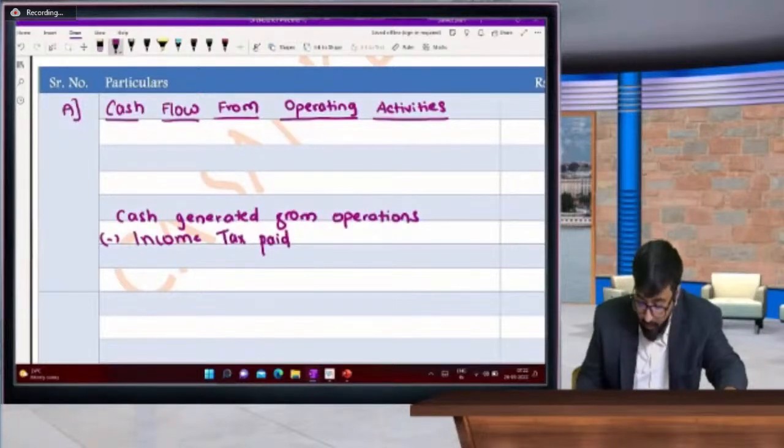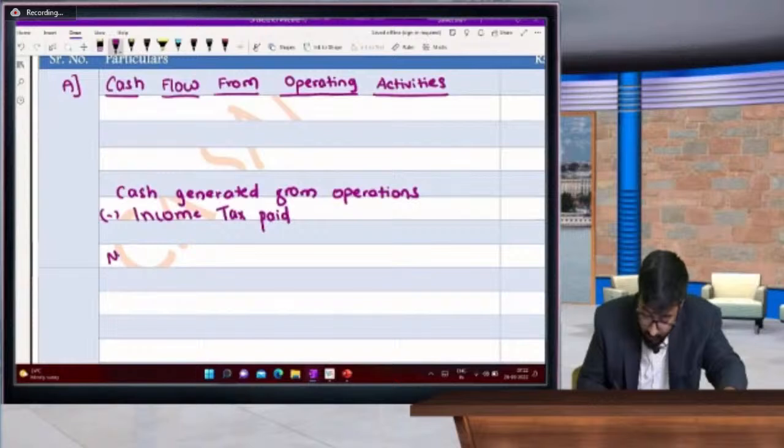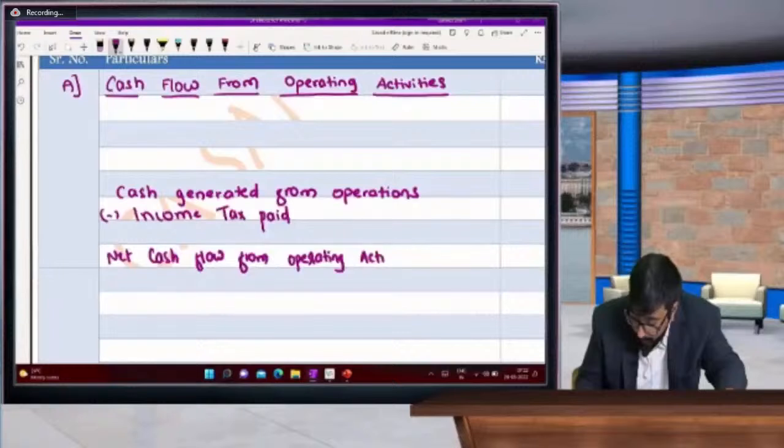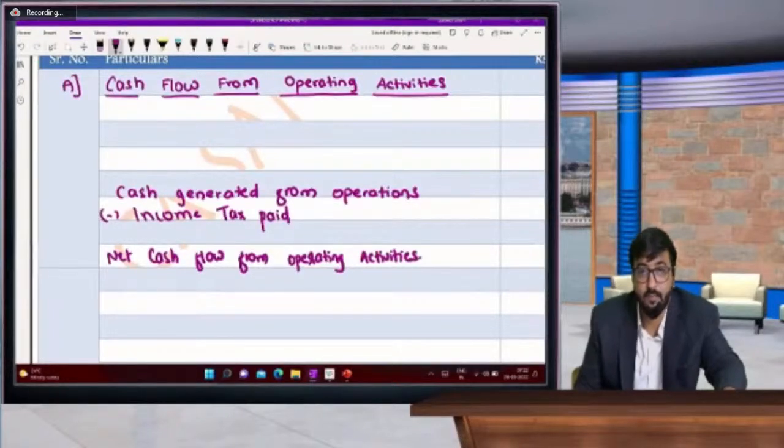This is the format. Net cash flow from operating activities.